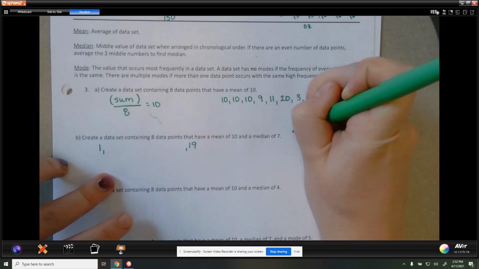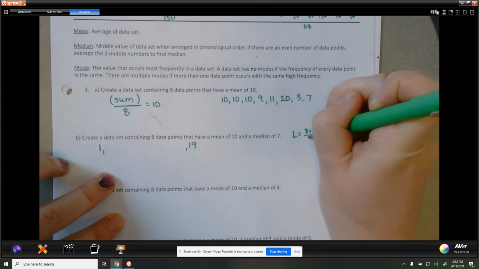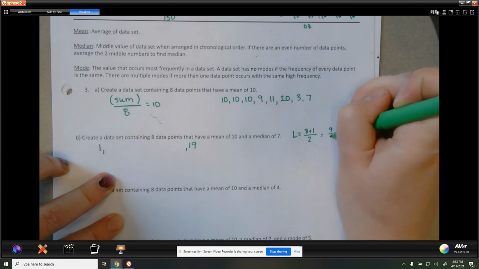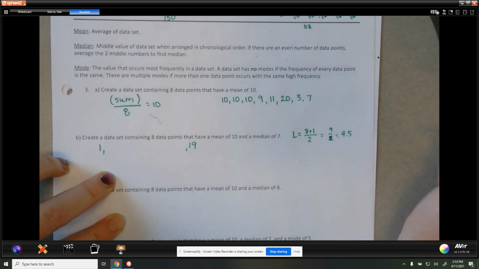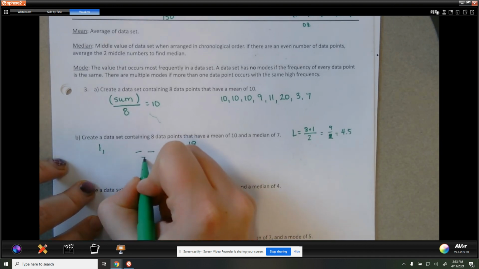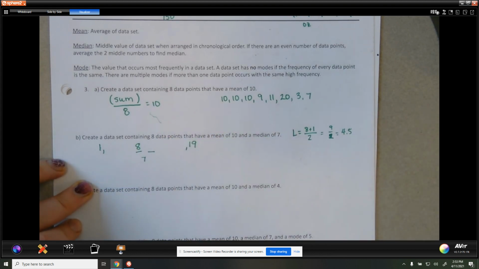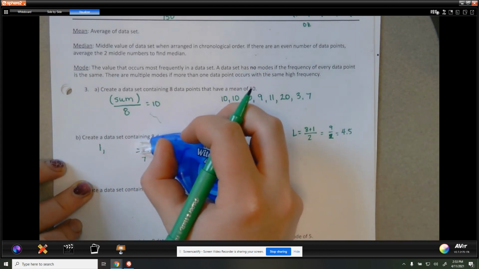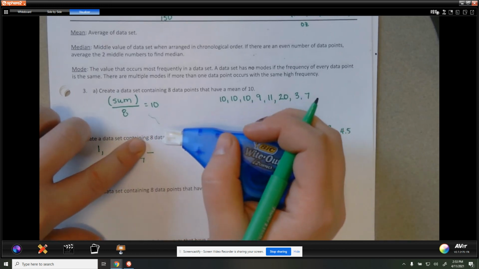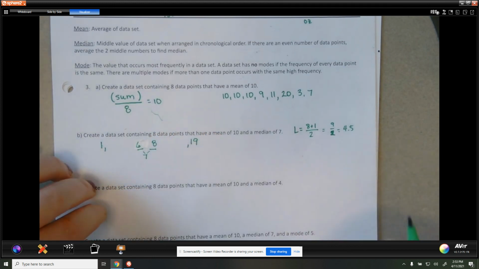The location of the median is going to be at 8 plus 1 divided by 2, so the fourth and a half number. So these two in the middle need to have a middle ground of 7. So they need to be like 6 and 8, because when it splits the data, we take the middle of those. So let's say that our two middle numbers are 6 and 8, so that our median is 7.